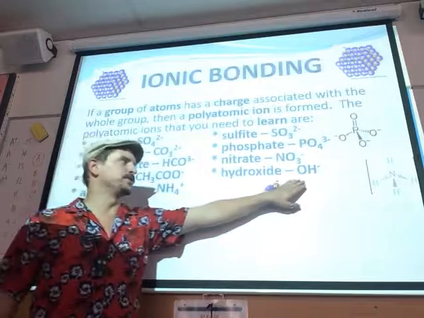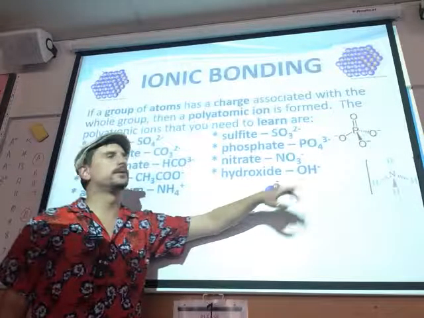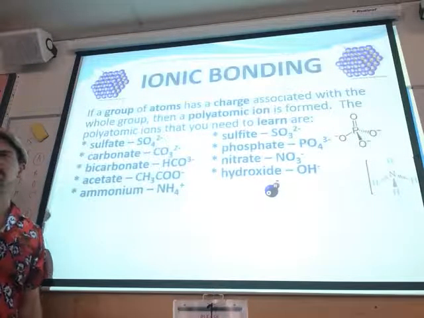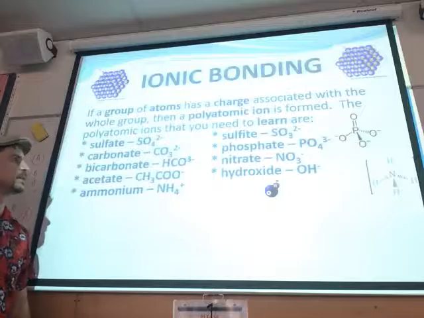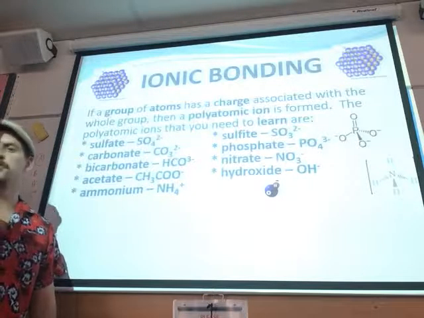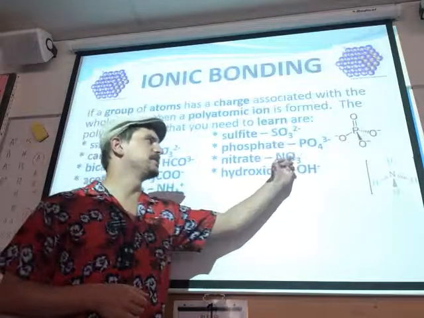The one you'll use most often is hydroxide. There's a -1 charge. Sulfates, particularly when we're using sulfuric acid, will come up quite a bit. And nitrate this year, yeah, nitrate comes up quite a bit when we use salt solutions. Nitrate has a -1 charge.